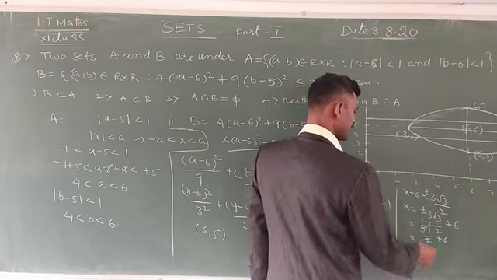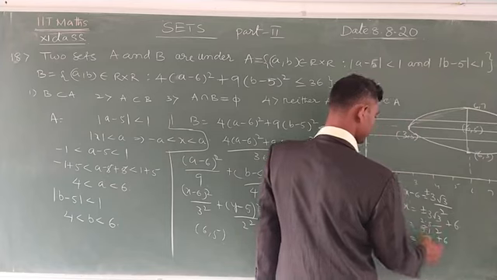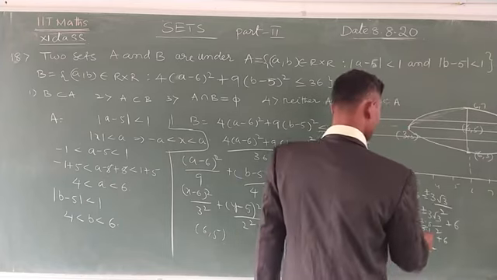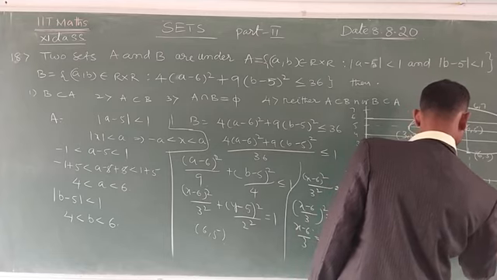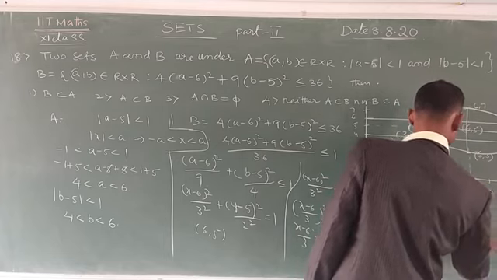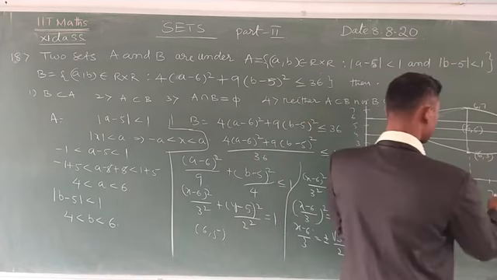This is x. Now you can take minus, which means 6 minus 2.5, approximately 5, and 5 minus 3.5. Here this is 3.5, so x is equal to 7.5.